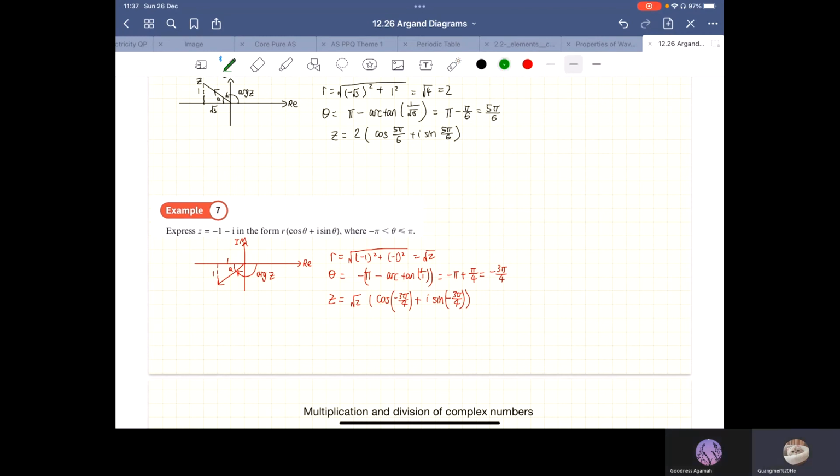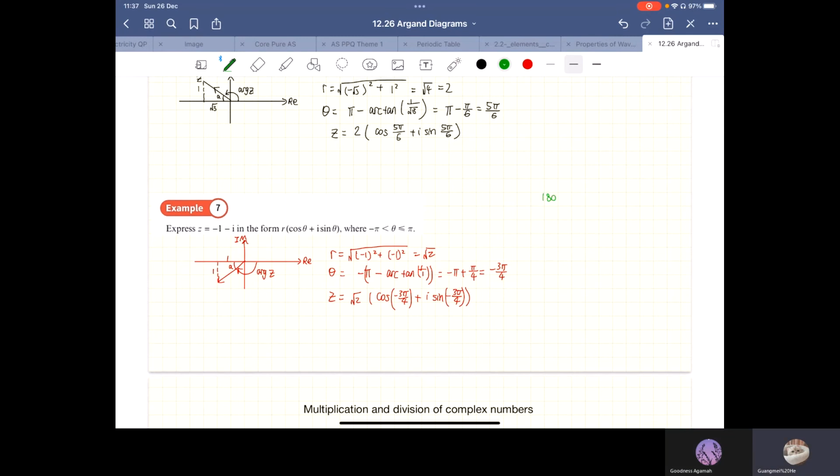So if you do 180 over pi times pi, you simplify out because pi is just pi over 1. It's 180. So it's from the positive 180 end, which should be here, because you always start from the positive real axis. Okay? So this is 180.